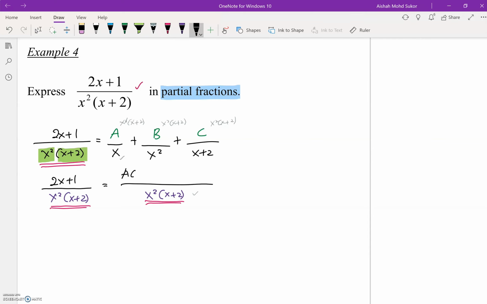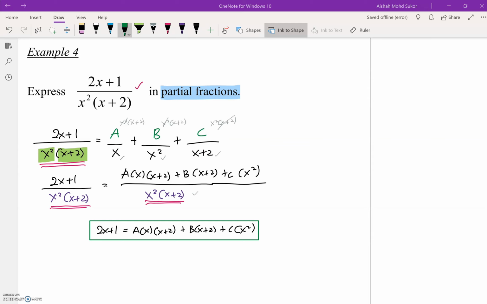So a will have x and x plus 2. b already has x squared here, so b will be multiplied with x plus 2. And for c, you already have x plus 2 here, so c will be multiplied by x squared.